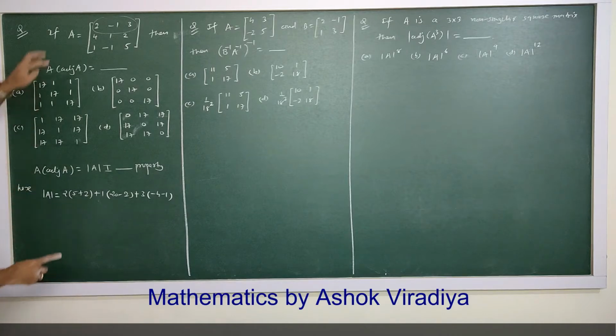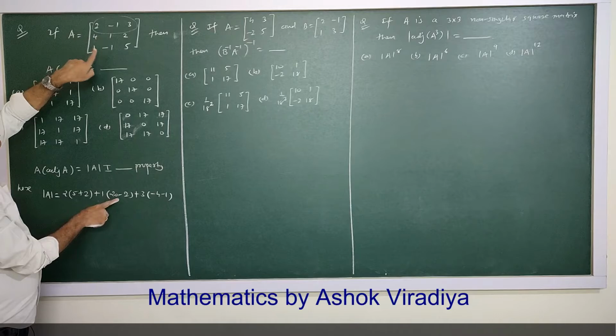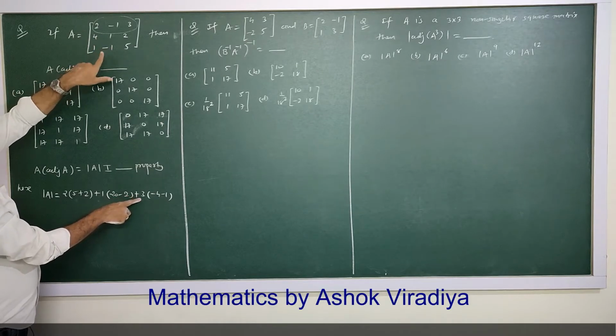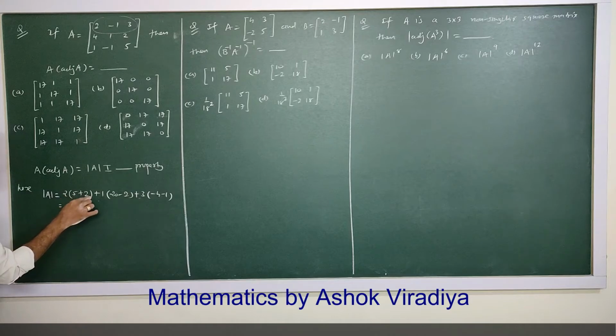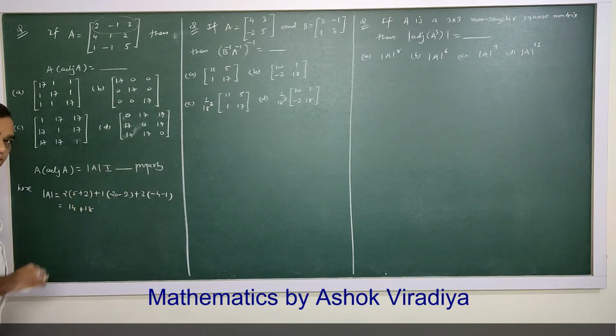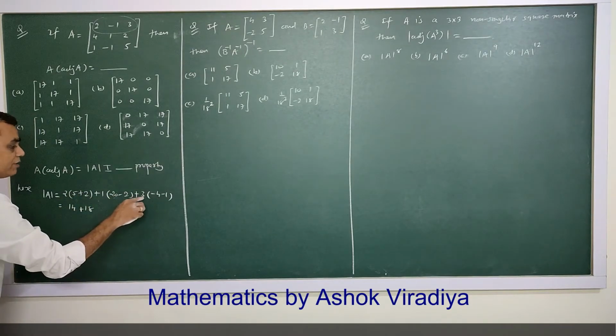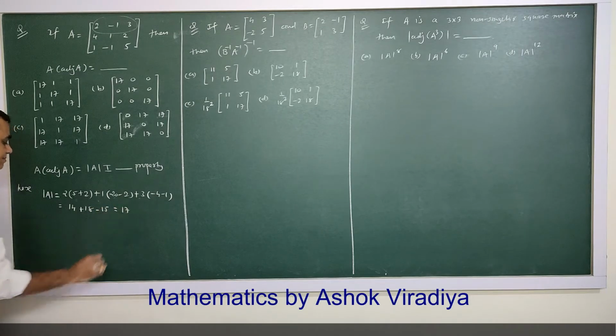See, check once again: 2 into 5 plus 2 plus 1 into 20 minus 2 plus 3 into minus 4 minus 1. So this is 5 plus 2, 7, 7 into 2, 14. This is minus 18, plus 18. 20 minus 2 is plus 18, minus 5 into 3, minus 15. So this is 17.